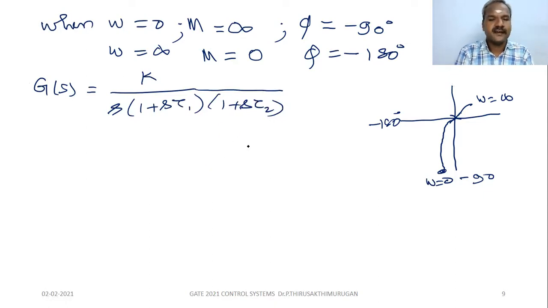In this case, I already told you that every first order factor contributes minus 90 degrees. So it is the same plot, but it terminates at minus 270 degrees.